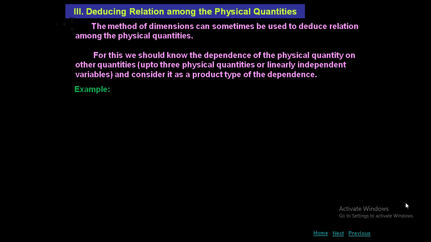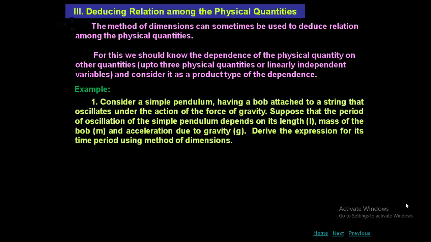Example, consider a simple pendulum having a bob attached to a string that oscillates under the action of force of gravity. Suppose that the period of oscillation of the simple pendulum depends on its length, that is L, mass of the bob, that is m, and acceleration due to gravity, that is small g.